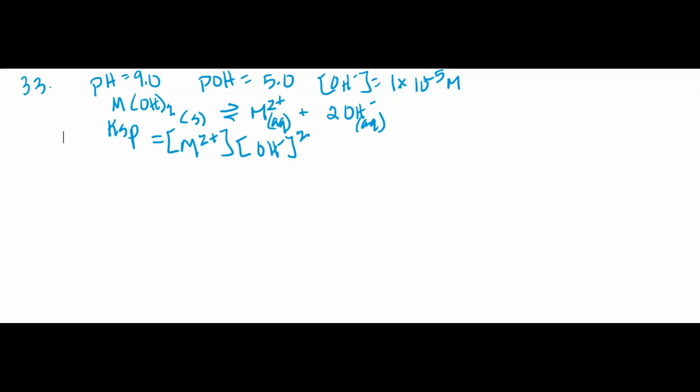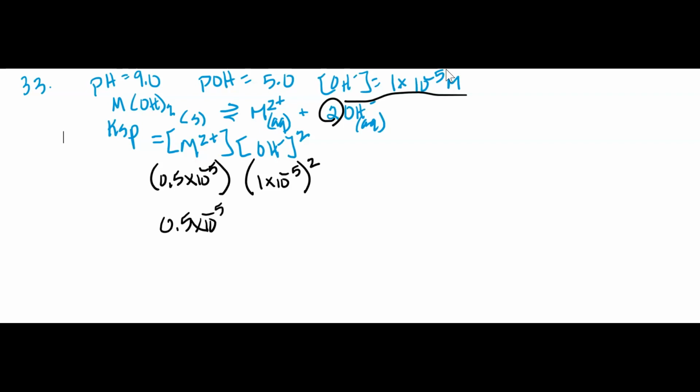We've just calculated it. The concentration of the hydroxide ion is 1 times 10 to the minus 5. We have to square that. And the metal ion concentration is going to be half the hydroxide ion concentration. So that's going to be 0.5 times 10 to the minus 5.